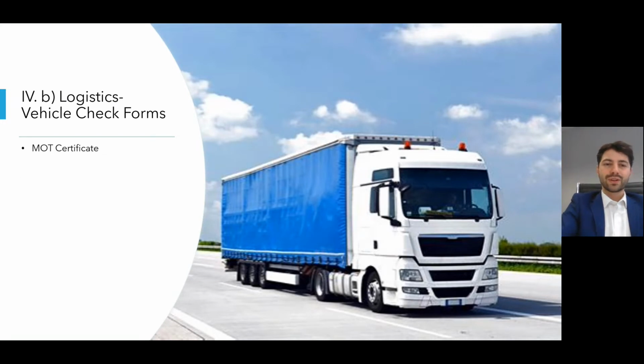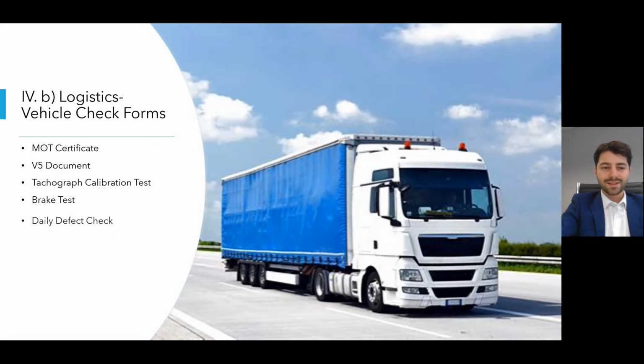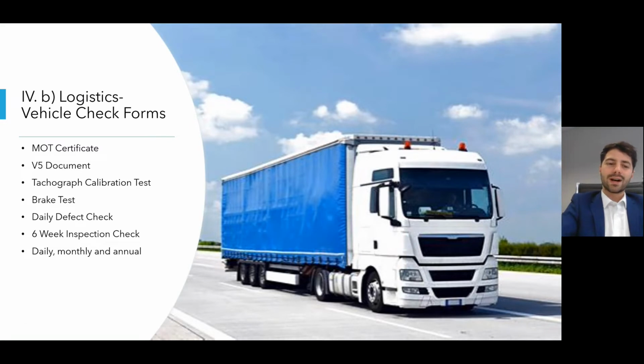And then on the vehicle check forms, what we did was we managed to digitize all of these documents. So your MOT certificate, your V5 document, tachograph calibration test, brake test, daily defect check, 6-week inspection check, all of which would have daily, monthly, or annual expiry dates, which would then have to be looked at by various staff.